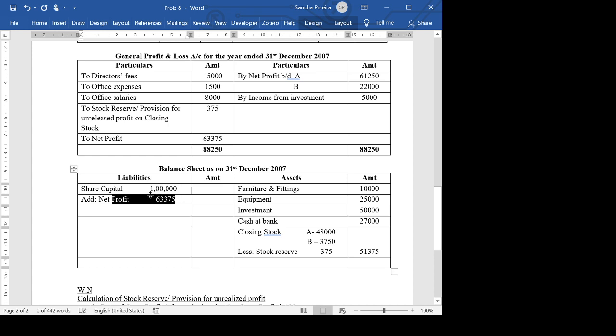So our total here comes to 1,63,375. Now, if you check the balance sheet, I think the balance sheet will tally, which is 163,375. That's the balance sheet total. Okay, so this is how the problem is done.